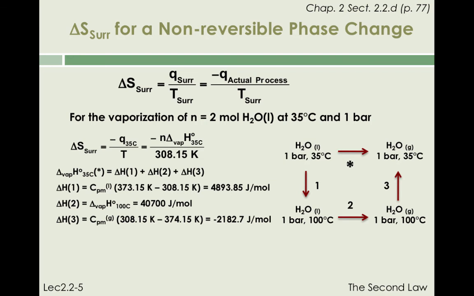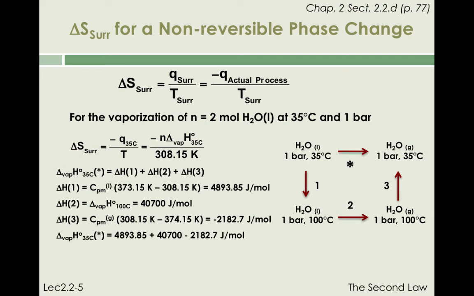Delta H for step 3 is equal to CPM for water vapor times 308.15 Kelvin, the final temperature of step 3, minus 373.15 Kelvin, the initial temperature of step 3, equal to minus 2,182.7 joules per mole.